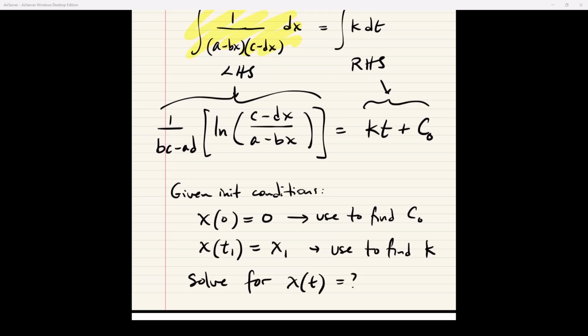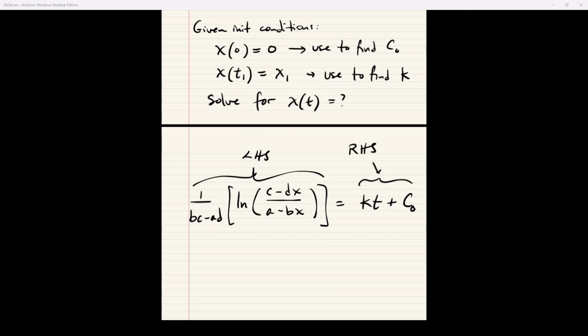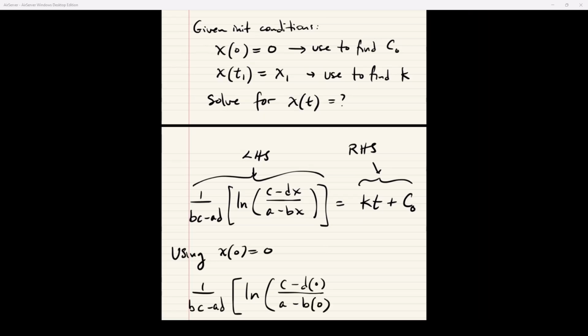So let's get the c naught first. We have this relationship between all the values, and I'm now going to use this initial condition: x at time 0 is 0. That is to say, we begin with 0 chemical C. So that's a pretty reasonable starting place if there is no chemical C present. So on the left-hand side, I would have 1 over bc minus ad ln of c minus d times 0 over a minus b times 0, because at time 0, the x is 0.